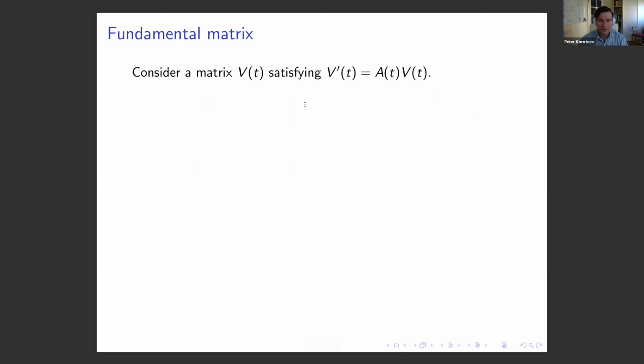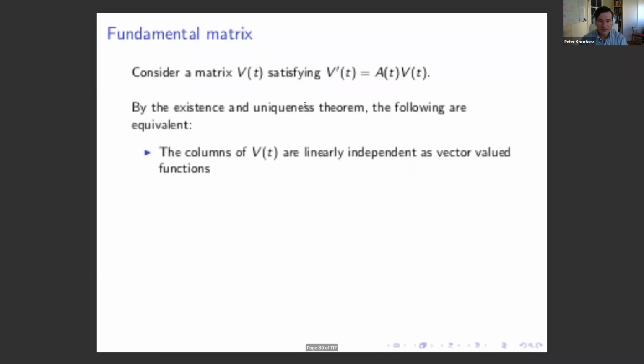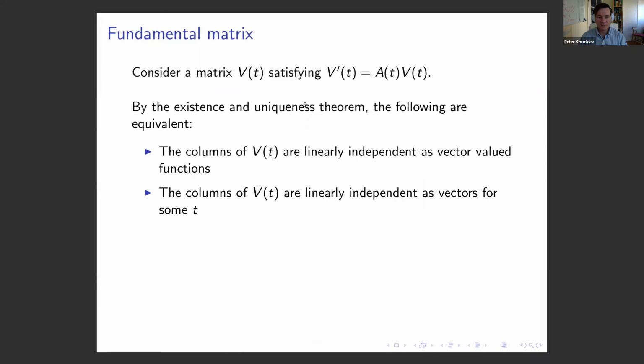Now, let's talk about the fundamental matrix. We have a matrix V of t satisfying this matrix equation. By the existence and uniqueness theorem, the following statements are equivalent. Columns of big V of t are linearly independent as vector-valued functions. Columns of V of t are linearly independent as vectors for some value of t.